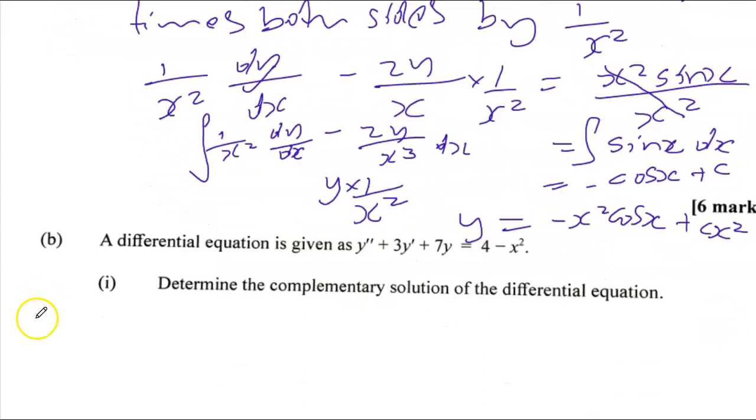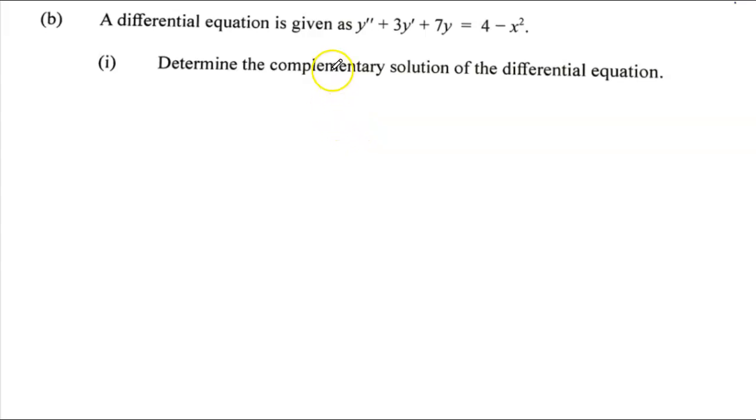Part B. So in part B, there we have a second order differential equation. We can form a characteristic equation here. Second derivative, so that's m squared plus 3m, plus using the coefficients, plus 7 equals 0. Now this cannot be factorized, so we have to solve it using the quadratic formula.